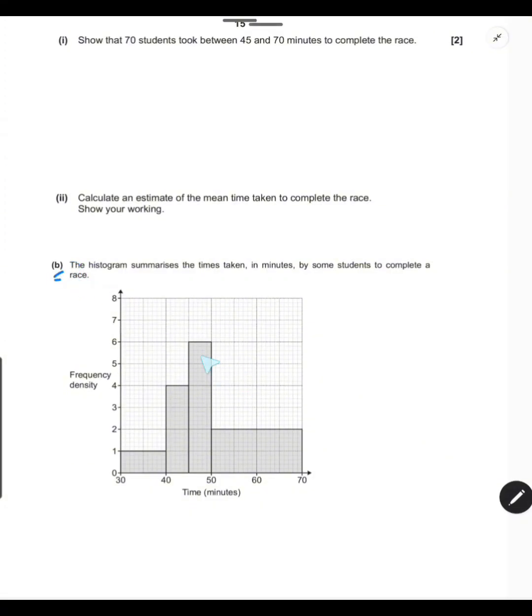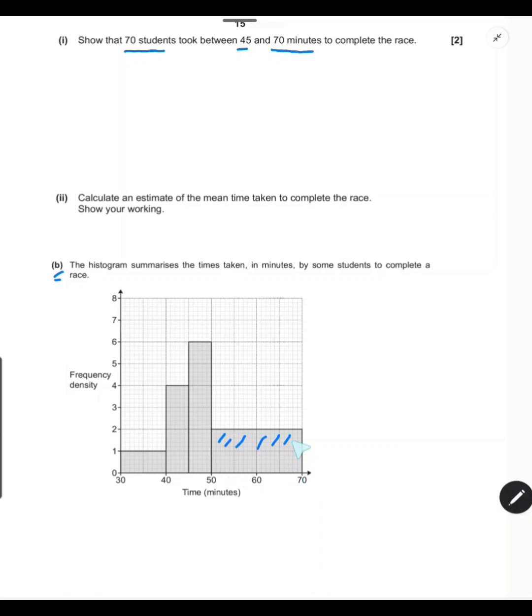Part B wants us to work on the histogram, so I've just copied that into this screen so we can see both at once. It says show 70 students took between 45 and 70 minutes to complete the race. So I'm looking to turn the histogram back into a frequency. The way we do that is by looking at the areas of these bars.